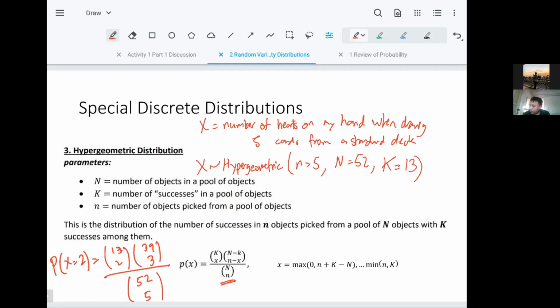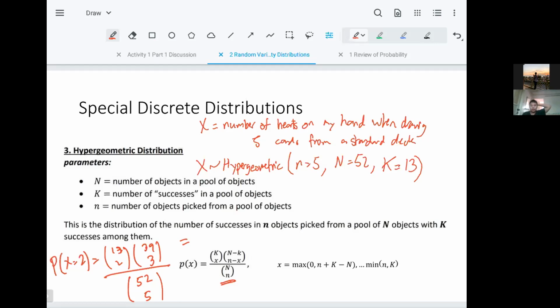So pakisagot, anong sagot dyan? Hintayin ko, wala akong calculator. Malaki ba?